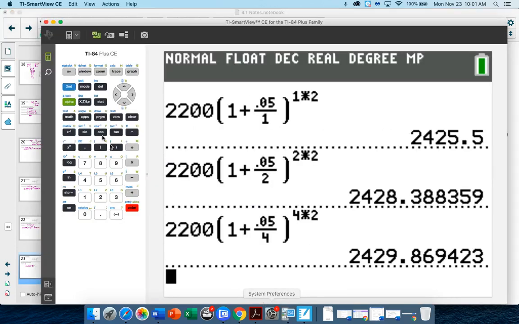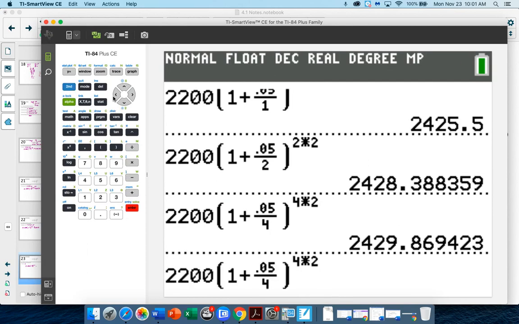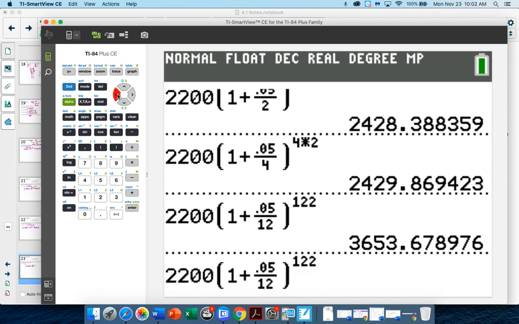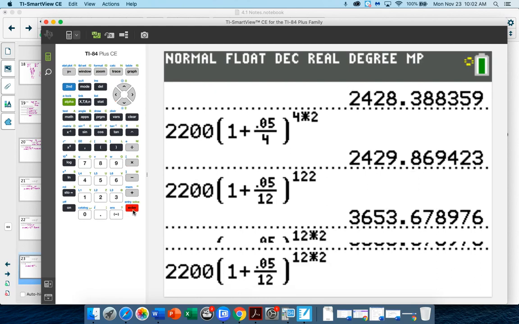So plug that in the calculator. Second entry, just putting 12 in here. And whoops, I messed that up, didn't I? Got rid of my multiplication sign. So let's fix that. That should be times 2. There we go.